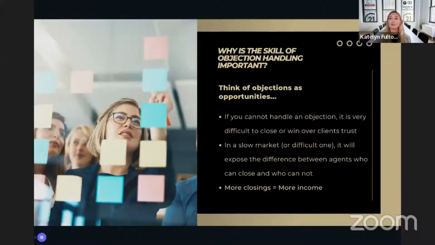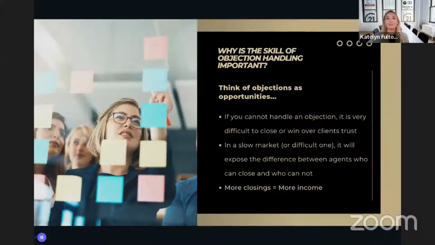So in a slow market, especially like what we're experiencing today, or a more difficult market, it's really going to expose the difference between the agents who can close and those who cannot. We're in a tough situation where you're going to be dealing with the most objections that you ever will. So you really need to get into this presentation and the objection handling and start to sharpen your skills, because the last few years have been very easy.